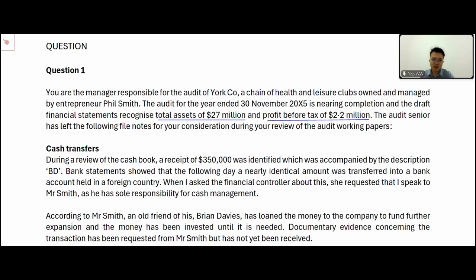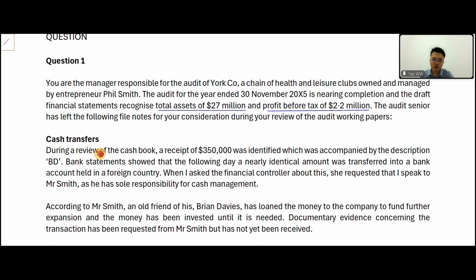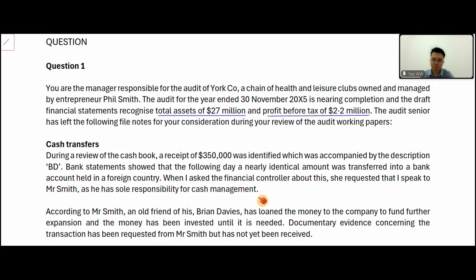Cash transfer: during a review of the cash book, a receipt of 350,000 was identified, accompanied by the description BD. The bank statement shows that the following day, a nearly identical amount was transferred into a bank account in a foreign country. When I asked the financial controller about this, she requested that I speak to Mr. Smith, as he has sole responsibility for cash management.